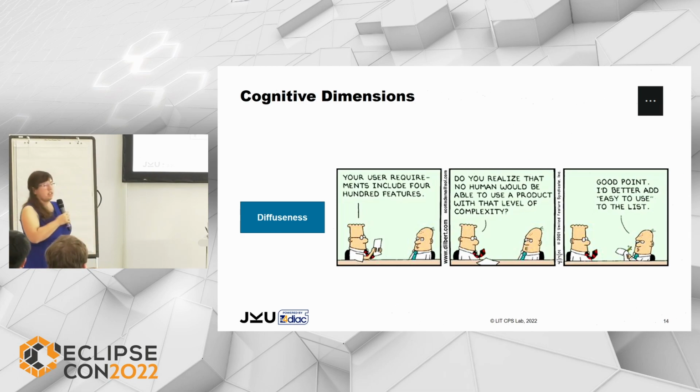What that comic is saying is that complex languages or complex tools just make it easy to meet a requirement. But unfortunately, it's not as simple as that. If the language is very complex, with a lot of language elements, especially in graphical languages, the tools are complex as well.